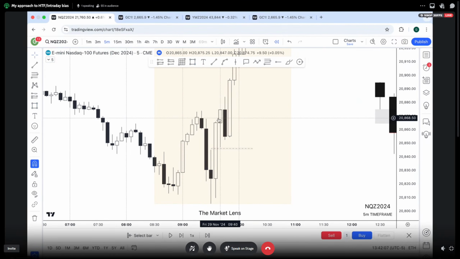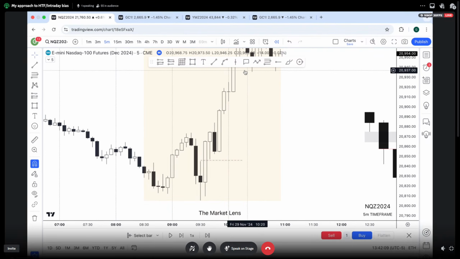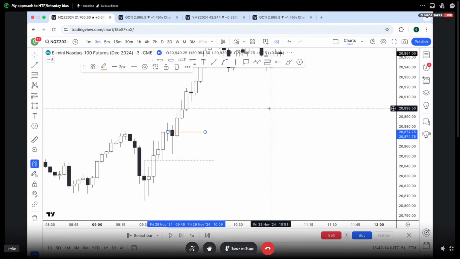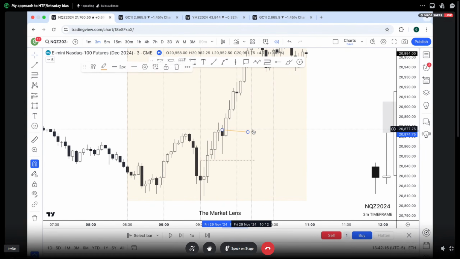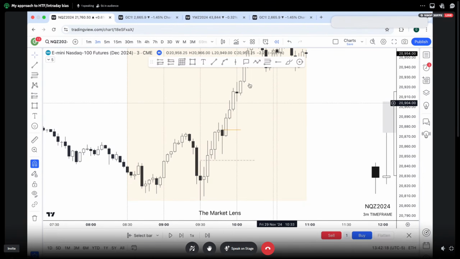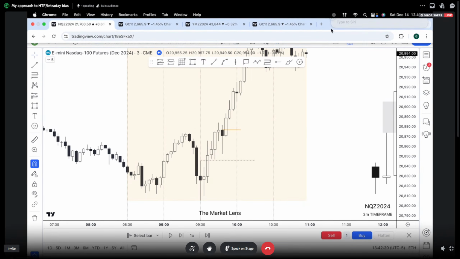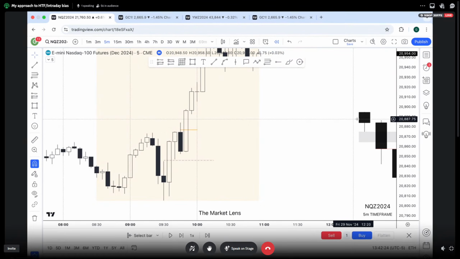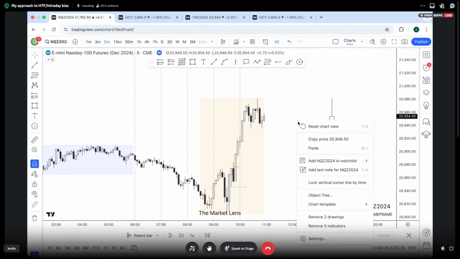I don't want to see price return back to this ideally. Once we close over this down close candle, I definitely don't want to see it return to the right. Basically, when this swing point forms on the 3 minute. Okay, that kind of makes sense.